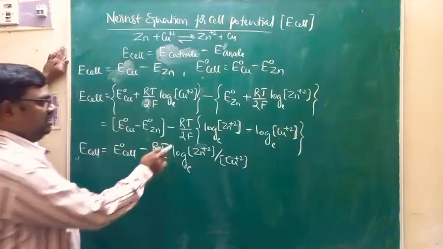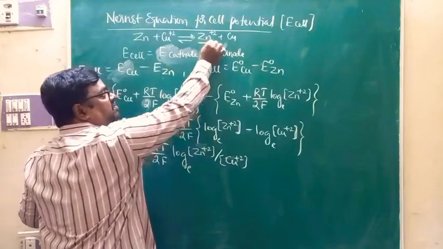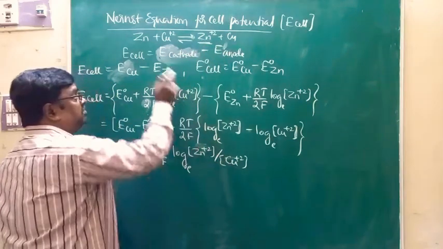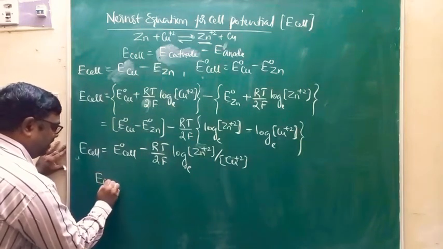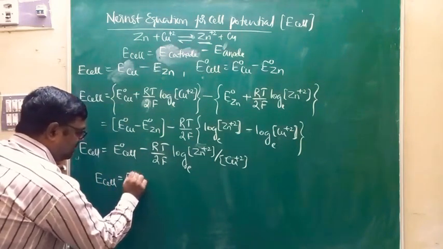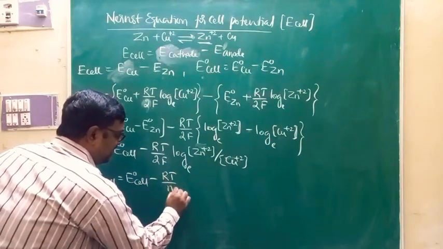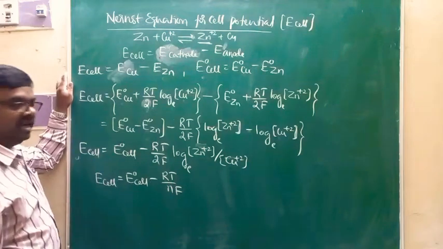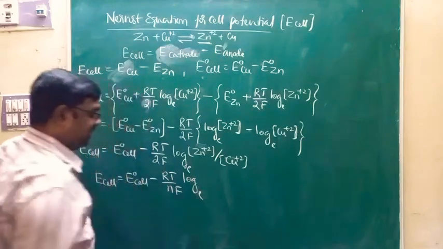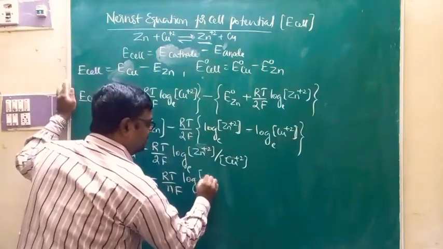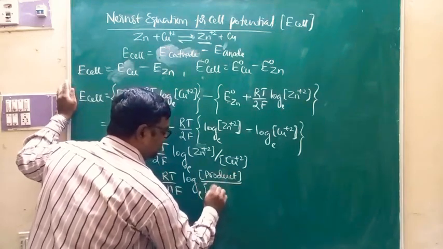In this expression, the concentration of Zn2+ is the concentration of the product, and the concentration of Cu2+ is the concentration of the reactant. Therefore, in general, E of cell is equal to E0 of cell minus RT by nF, where n is 2 here because of the plus 2 charge, log of the concentration of product divided by the concentration of reactant.